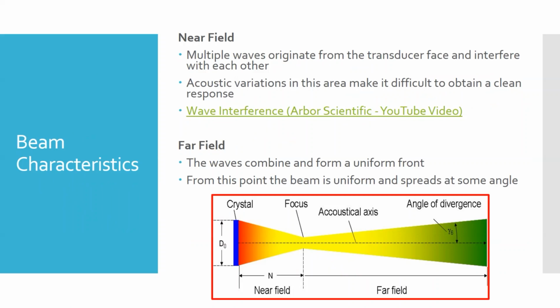The far field is where the waves combine, they form a uniform front, and they spread like I've drawn here. That's where you get a uniform pattern that is useful for finding flaws. And for illustration, I've got a video that illustrates this. Let me switch to that.